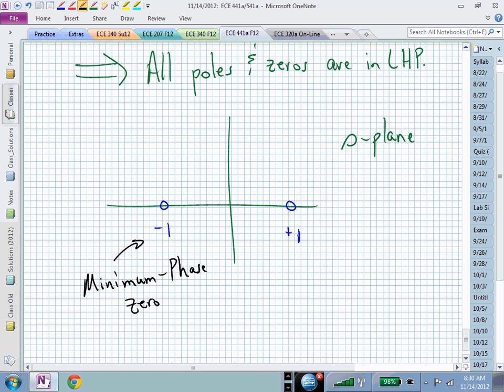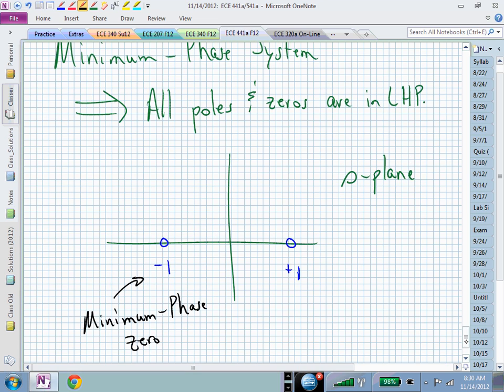So if I had to do a sketch, or if I was interested in the magnitude response of a system that looked like this, and I was just interested in this 0 factor, I could sketch the magnitude and the phase associated with that particular factor by simply looking at what the magnitude is doing as I walk up and down this imaginary axis.